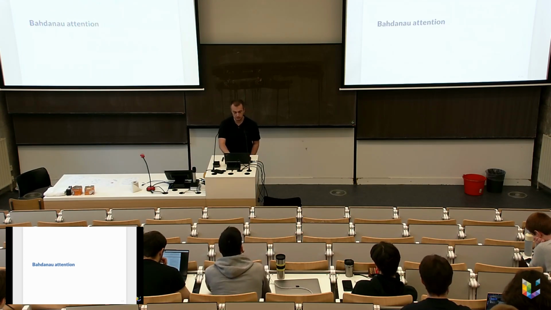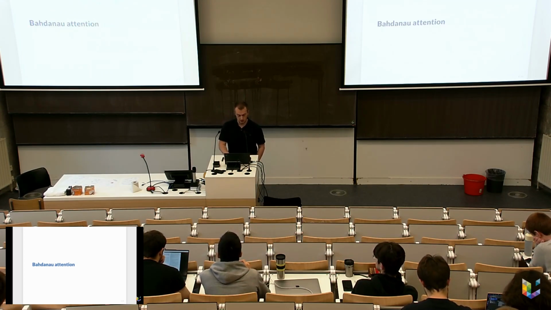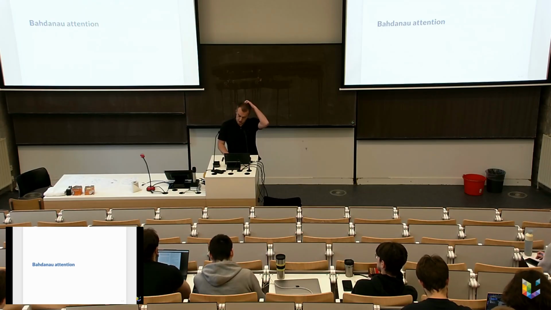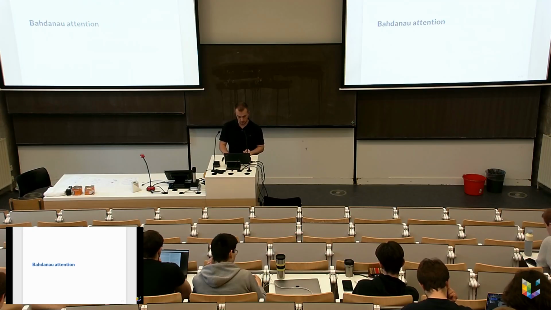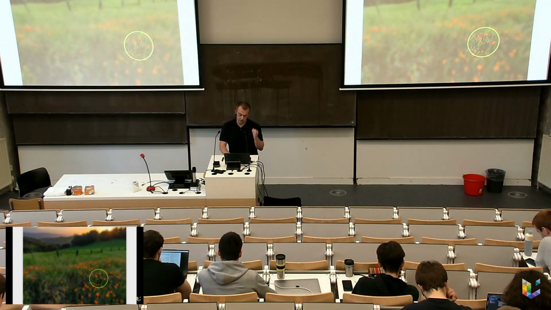The mechanism that we'll see for that is what we call Bahdanau attention, or just attention. Bahdanau is the name of the researcher who proposed this mechanism. And it's based on a simple idea.